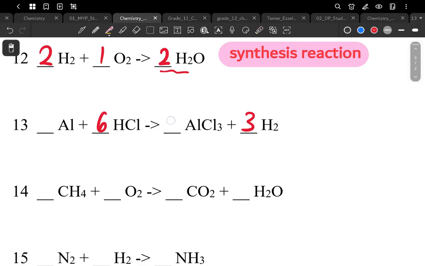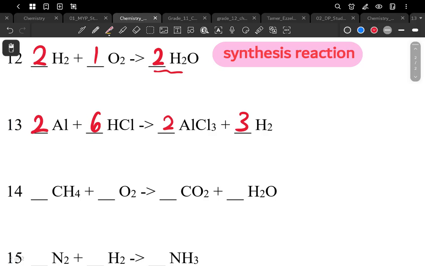So easily I'm going to add a 2 as a coefficient here. This coefficient I just added is multiplied by 3 Cl to raise it to 6 atoms. So now the Cl is happy because it is balanced on both sides. But the aluminum atom is also raised to 2, so I need to add 2 here so everybody is happy.